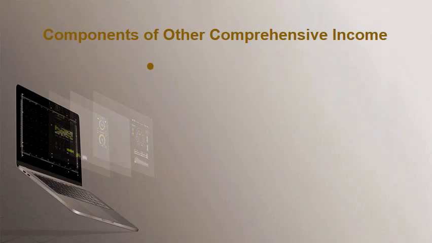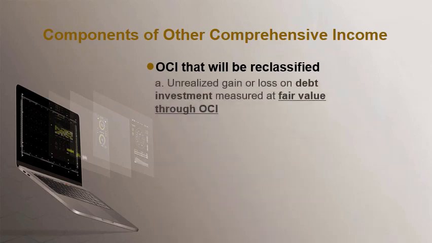Components of other comprehensive income. You have other comprehensive income that will be reclassified. First, unrealized gain or loss on debt investment measured at fair value through OCI. Pagbabalikan natin yung topic na to sa Intermediate Accounting 1.